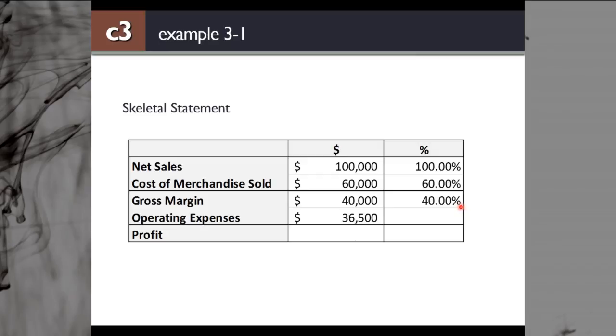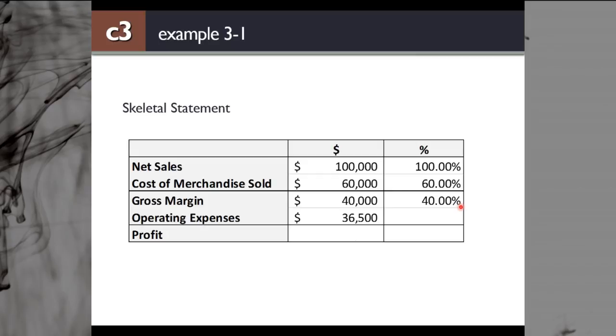And this statement gave you the operating expenses. So it shows you that your operating expenses are 36,500. If you know this number, you can calculate the percentage.